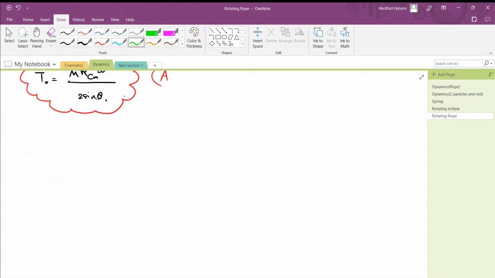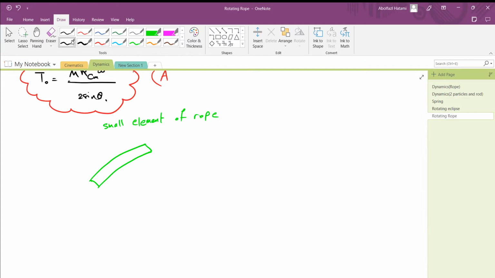Sorry about the bad picture. This is a small element of rope.